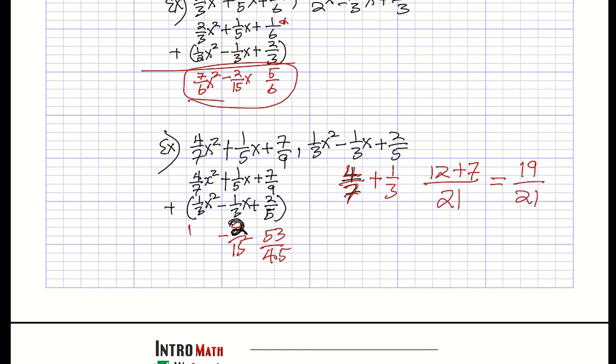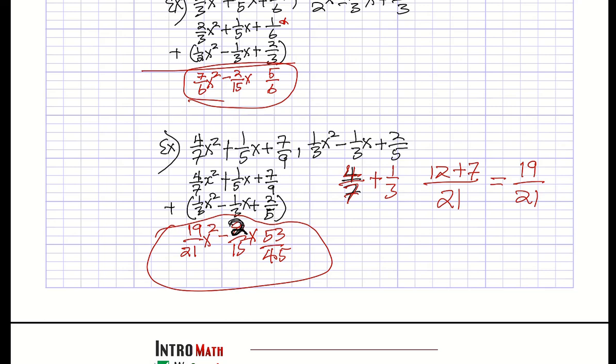So this is 19 over 21 x raised to power 2. Oh, this is x here. Sorry. You don't want to drop off the variable, man. So be careful. If you drop off the variable, then the answer is wrong. There's a reason why we're doing this, because eventually, when we get to something else, we're going to basically drop off the variable, do the manipulation, and then put the variable back.